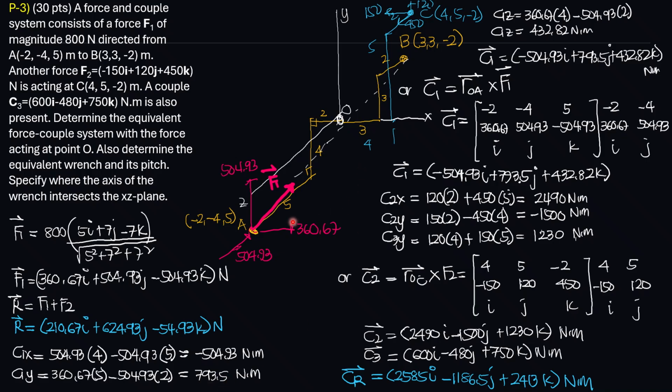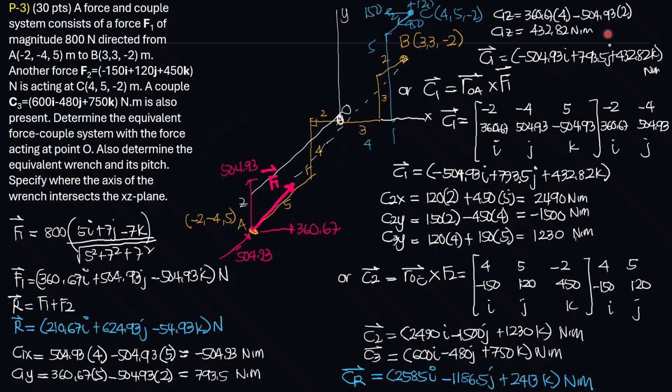Then moment about the z-axis, positive sense would be in that sense. So don't mind this force. It is positive 360.67 times 4, that 4 there. Then this is at the left side of O, so minus 504.93 times 2.